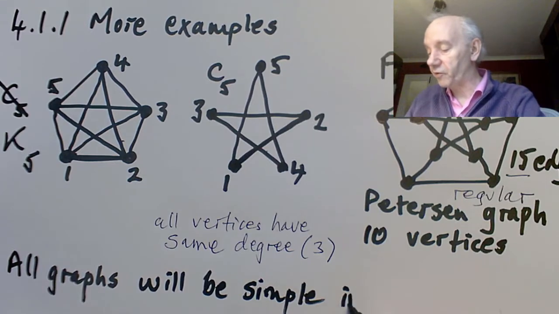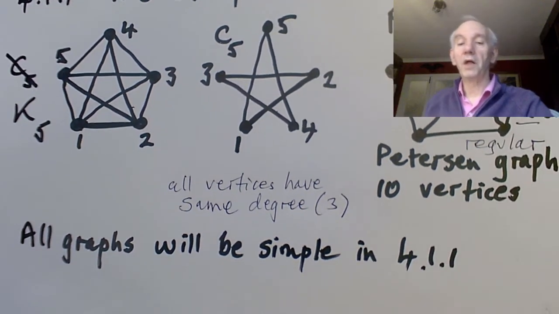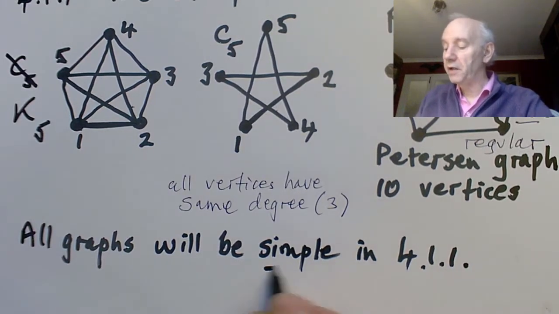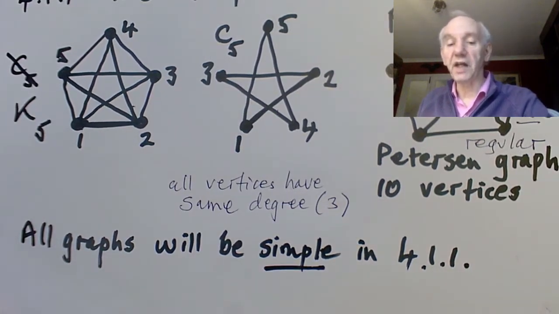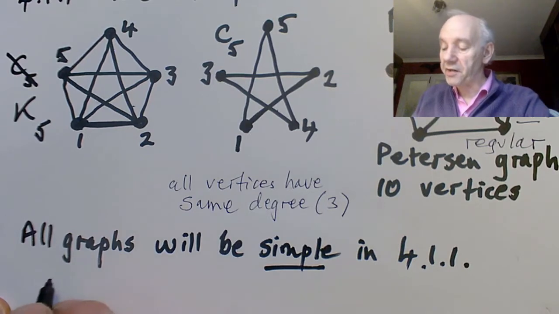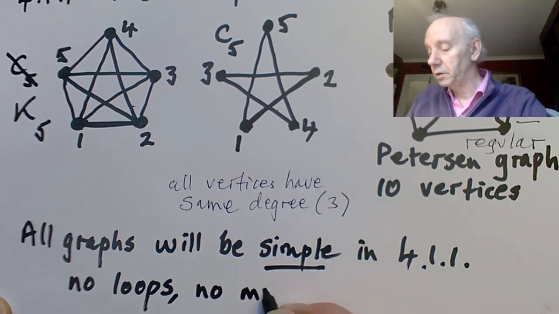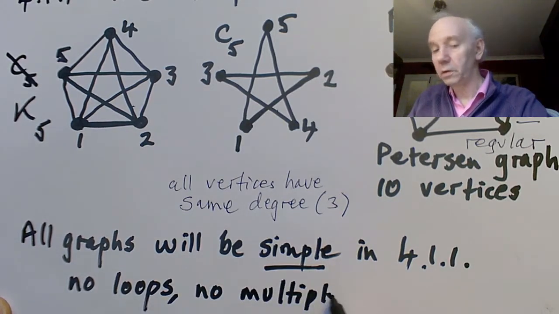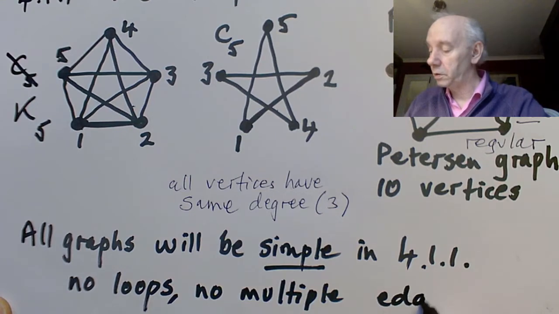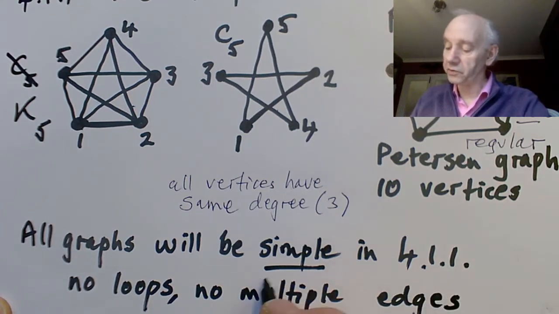Simple means that, remember I defined this in the first lecture, there are no loops and no multiple edges. And that makes things easier. That's what simple means.